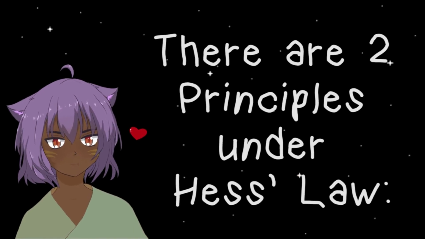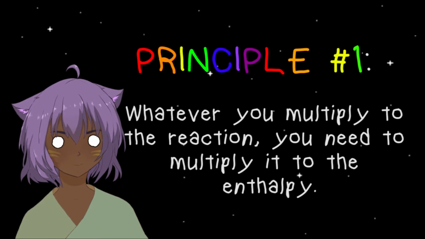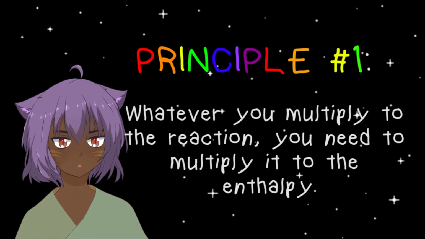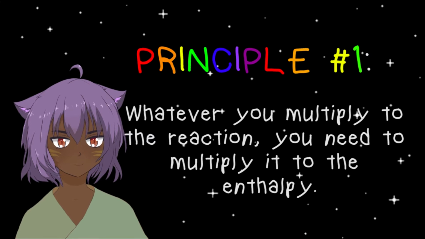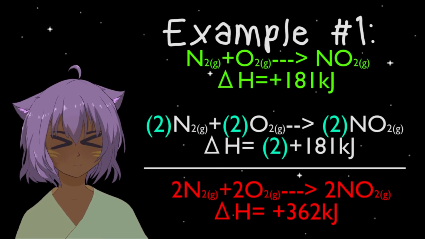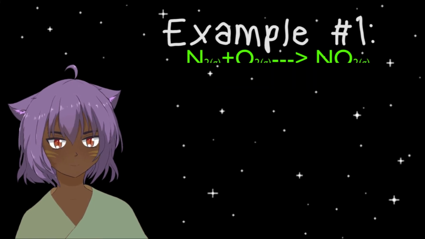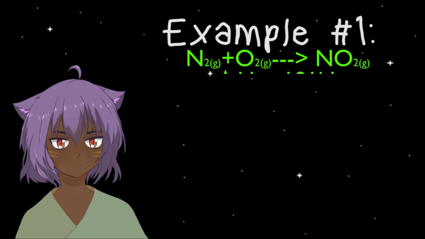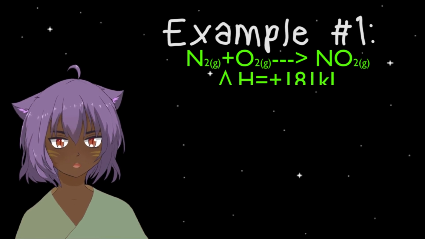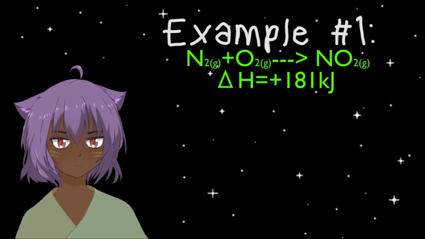So there are two principles under Hess's Law. The first principle states that whatever you multiply the reaction by, you need to multiply the enthalpy by. Here is an example. N2 gas plus O2 gas yields NO2 gas with an enthalpy of positive 181 kilojoules.